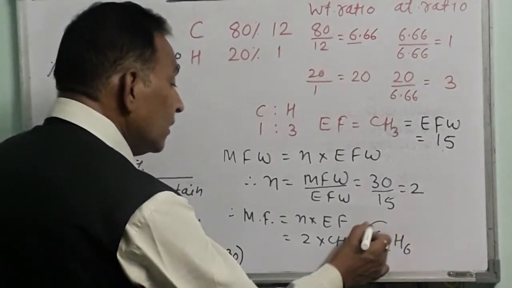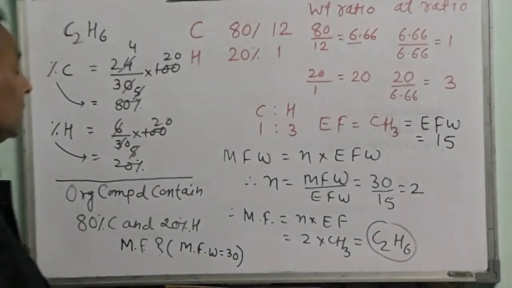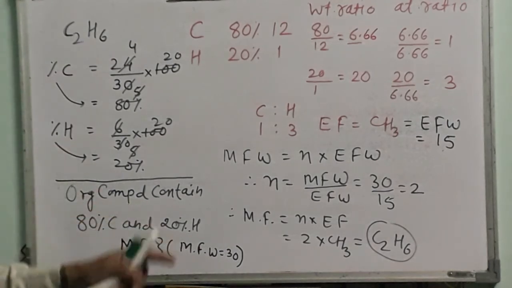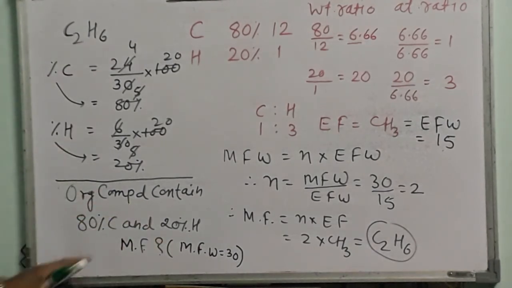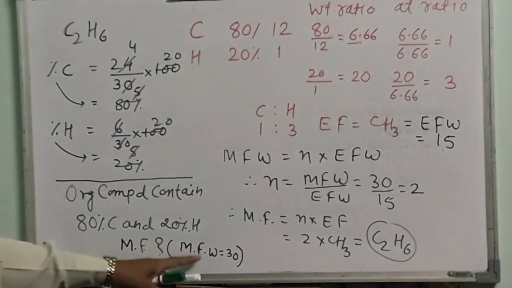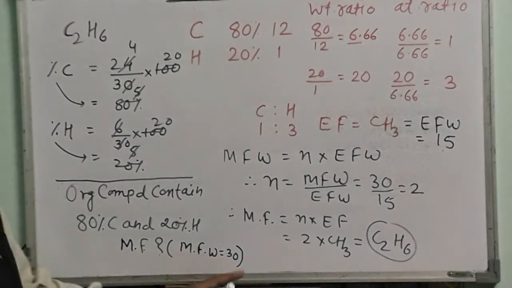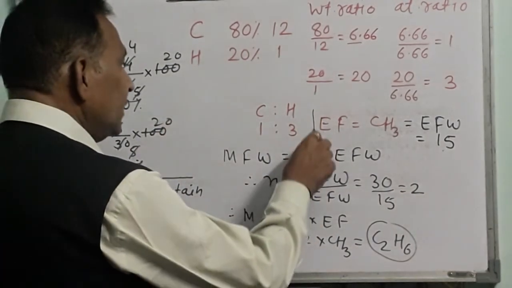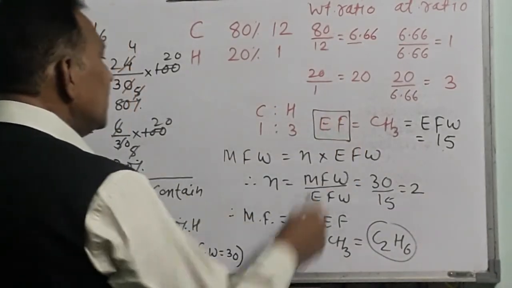So where have we started from? We have started from C2H6. We have calculated the percentage composition of every element in the formula, and that percentage can be treated as a problem to find out the molecular formula if the molecular formula weight is known. Whatever may be asked, first of all we have to calculate the empirical formula, and then from this empirical formula we can switch towards the molecular formula.